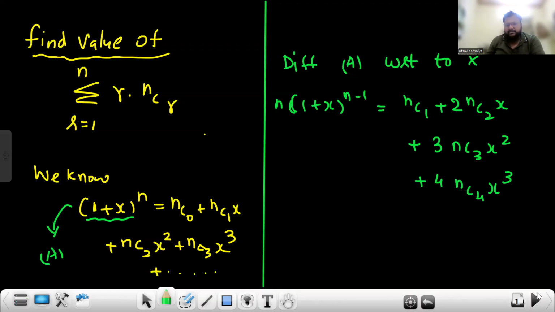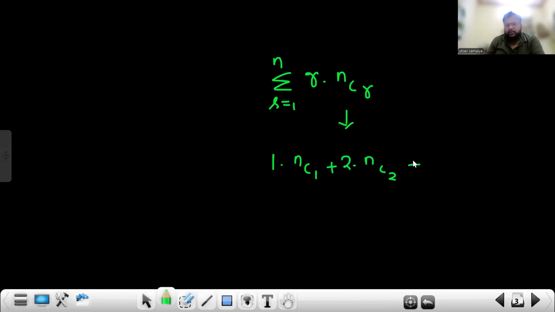Now if you see the summation, what was written, summation r is equal to 1 to n r into nCr. Just open this summation, what you'll get, 1 into nC1, 2 into nC2, 3 into nC3, like this.